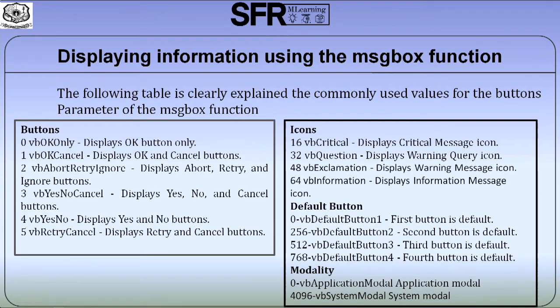In buttons, if the user sets the value 0, it will display the OK button. In icons, if the user sets the value 16, it will display the critical message icon. In default button, if the user sets the value 0, the first button is default. In modality, if the user sets 0, it will display VB application modal.